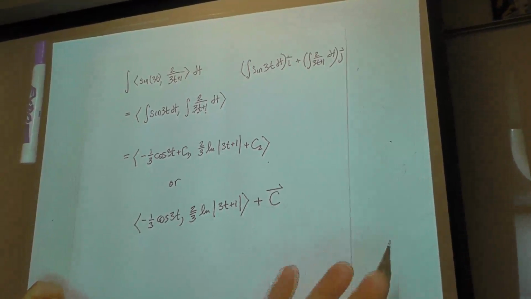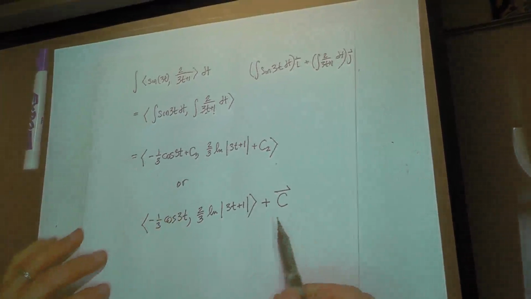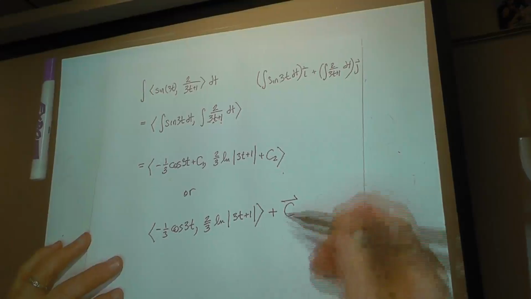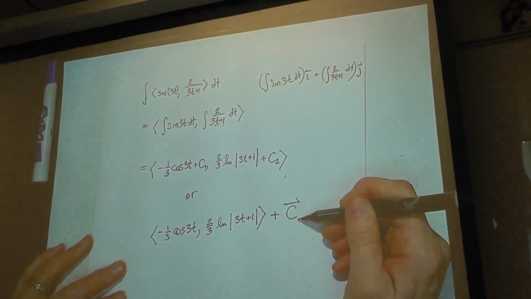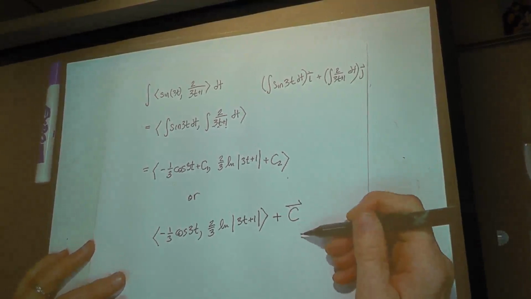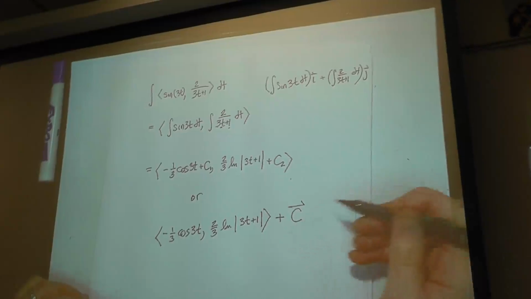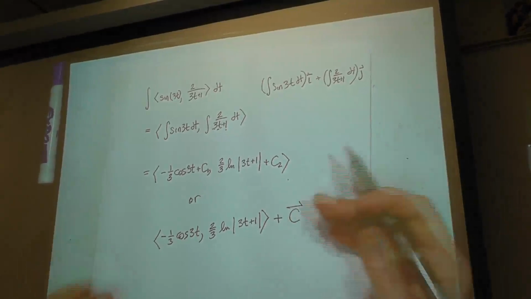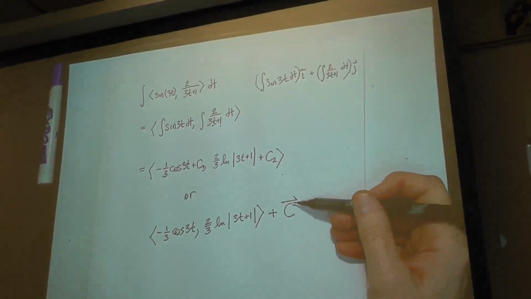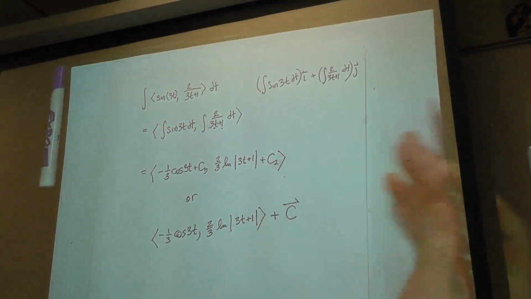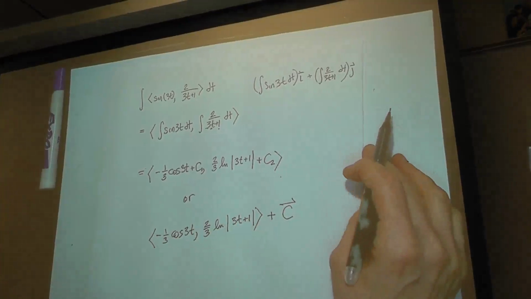You can't add scalars to vectors, so if you choose to go this route, make sure that the constant you add is a vector. This can really foul you up later on in some other problems. If you start writing things down that are vectors and you write them down as scalars, it's a problem.